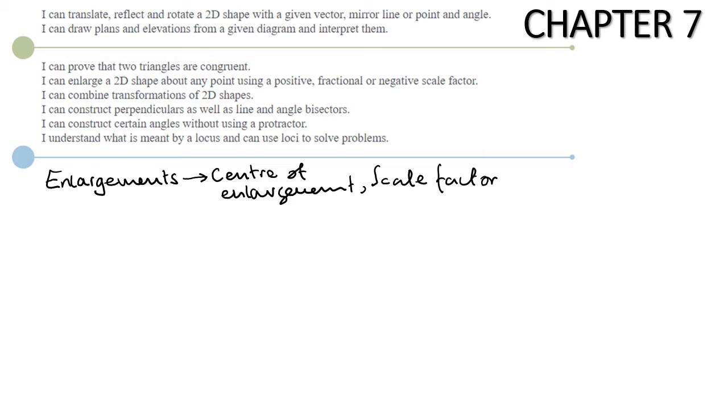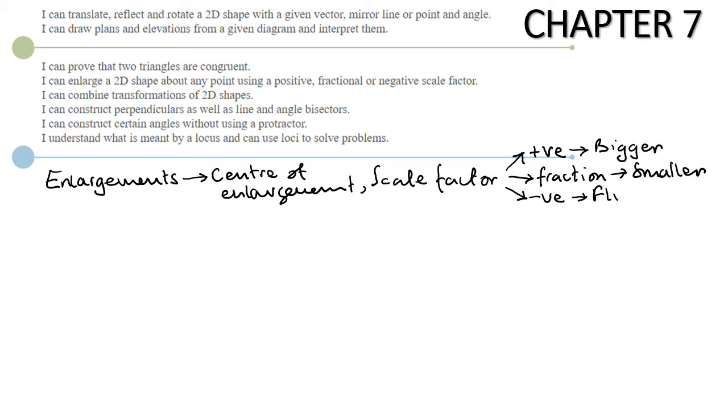That scale factor can be a positive number, which will make the shape bigger; a fraction scale factor, which will make the shape smaller; and a negative scale factor, which will actually flip the shape around.